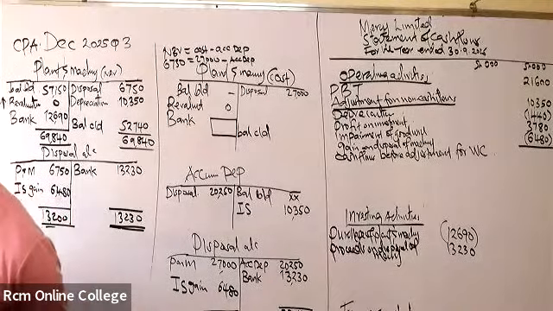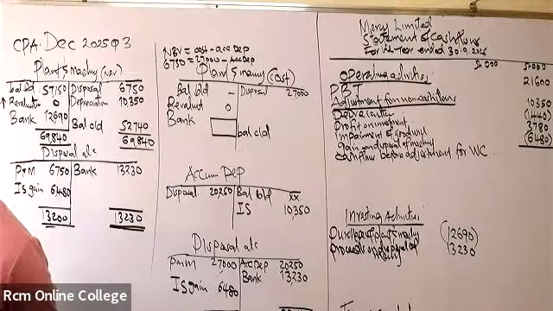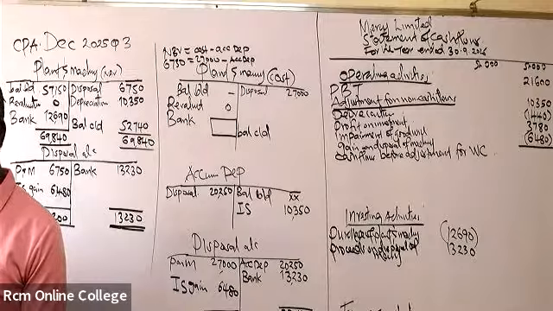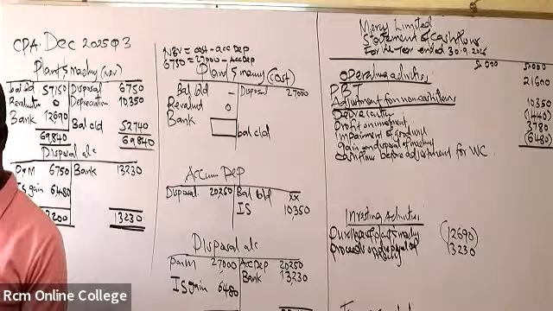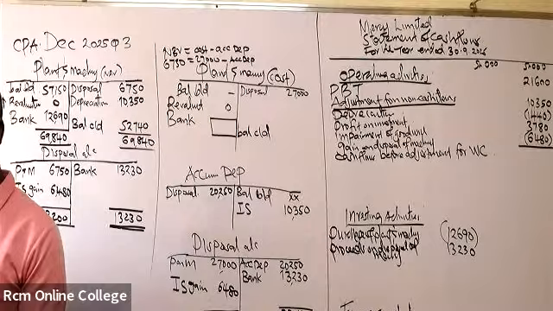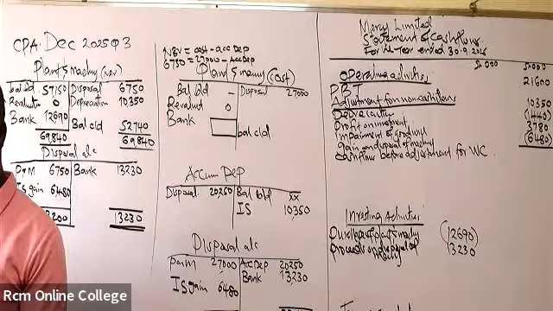That is 21,600 plus 10,350 minus 1440 plus 3780 minus 6480. What are we getting? $27,810.